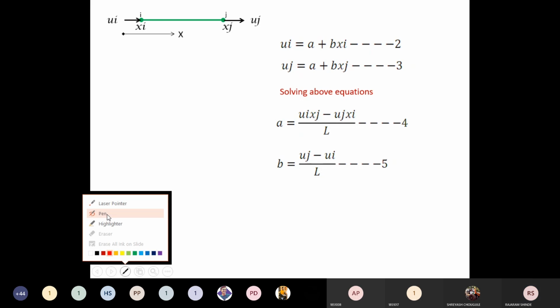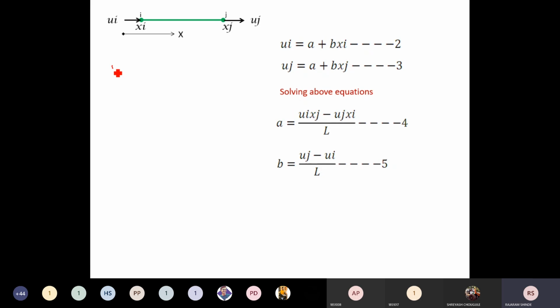Now this xj minus xi, what is this? This is the length of element.